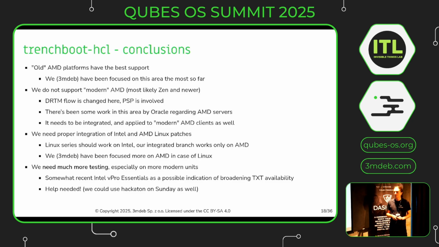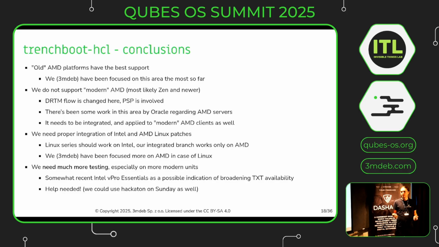Definitely, we need much more testing, especially on more modern boards. In case of Intel, there is vPro Essential. I think it's since Alder Lake probably, where there are possibly more CPU chipset options that might support TXT, which is a possible sign of broadening the availability of this feature, which might be interesting.